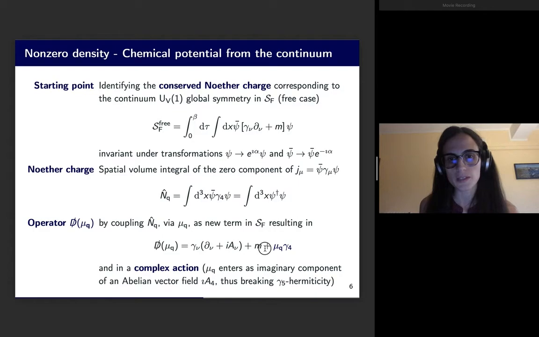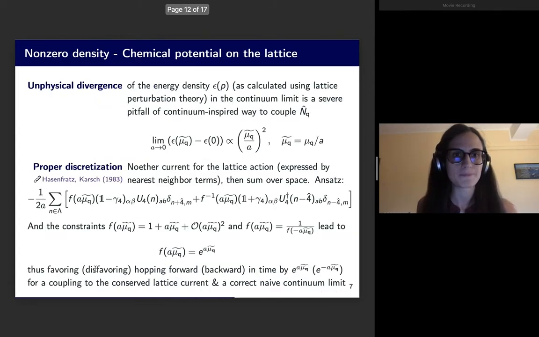So you see that there is this further term. And this further term results in a complex action, because the way that the quark chemical potential enters is like an imaginary component of an abelian vector field, as if it were i times A4. And this leads to breaking of the gamma 5 hermiticity.